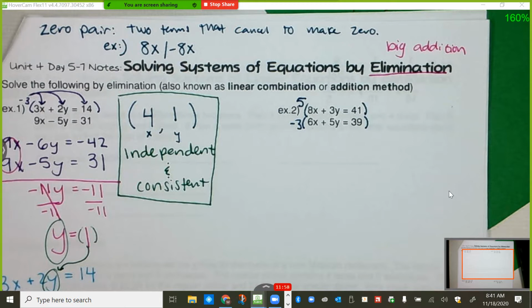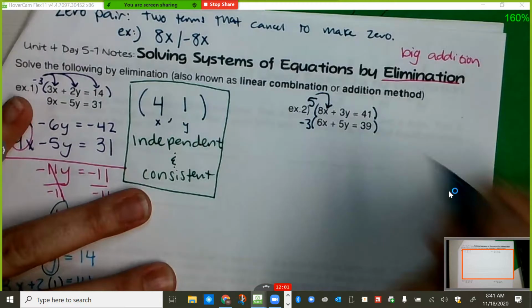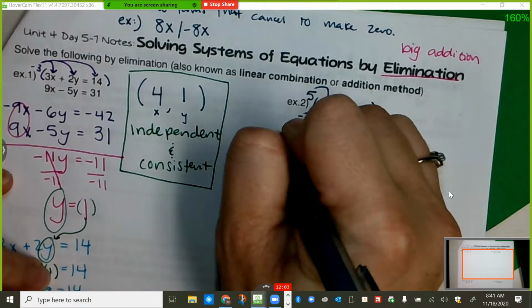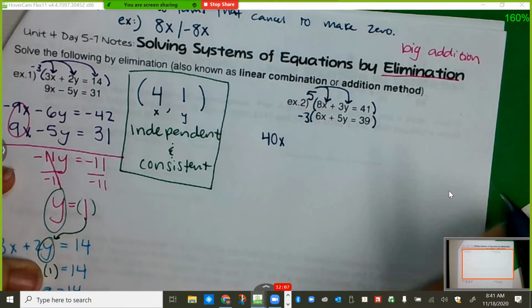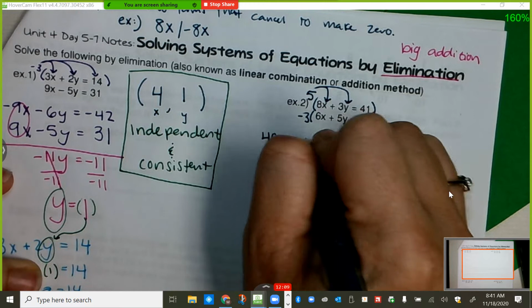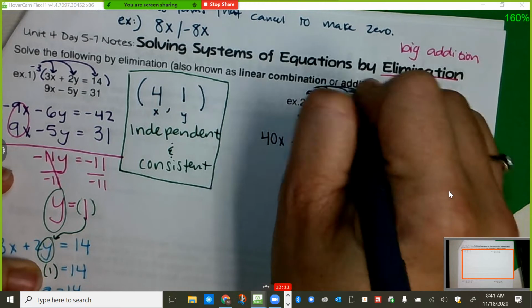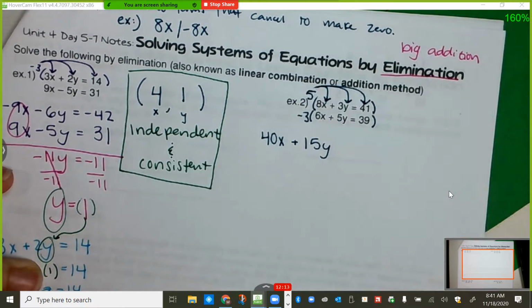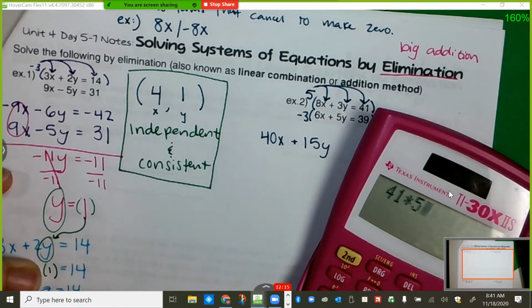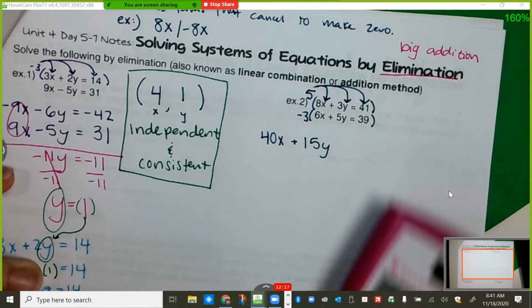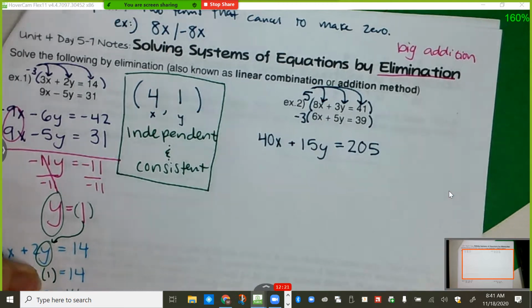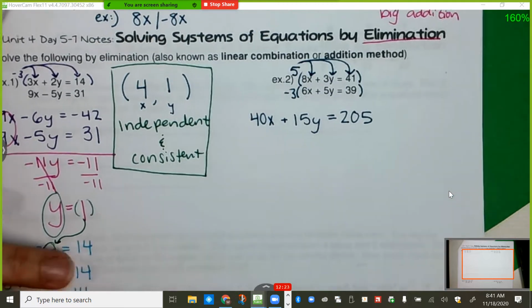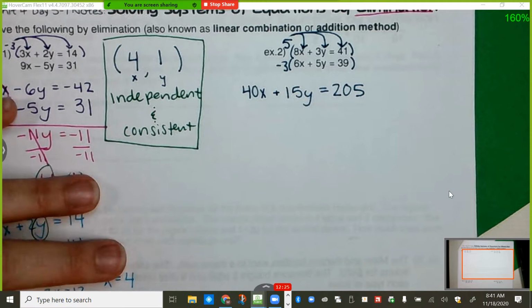Okay, so knowing that, what's 5 times 8x? What's 5 times 3y? And 5 times 41. It's going to be a big number. 205. Okay.